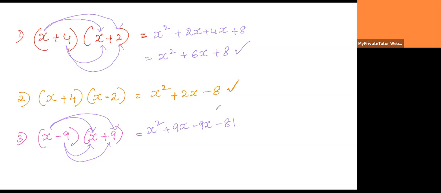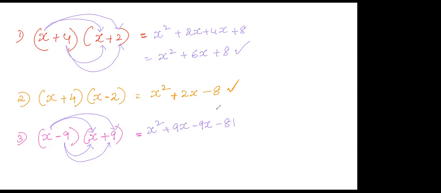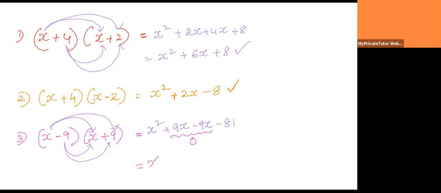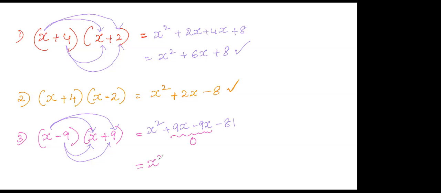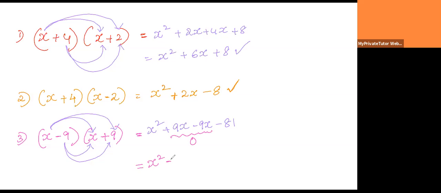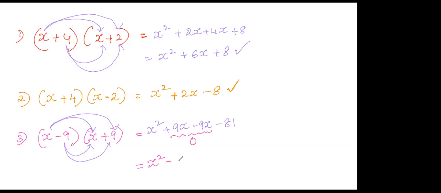Then x squared, okay, 81, because 9 nines are 81. That's the correct answer. x squared minus 81, because we have minus 9 and plus 9. See, one is negative 9, one is positive 9. We'll get a negative answer, isn't it? Yeah, exactly.